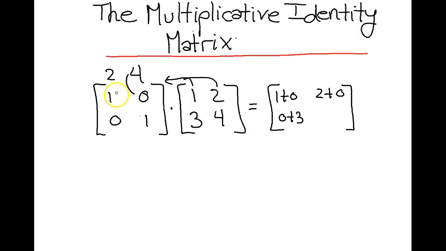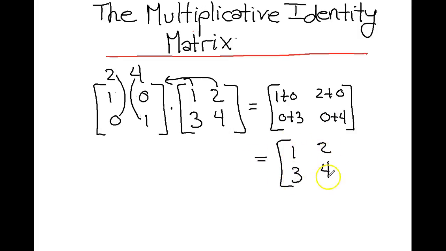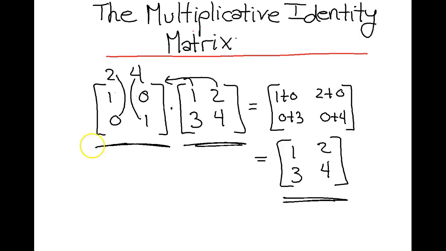When I multiply that second row, I'm working with row 2, column 2, so I get 0 plus 4. And now when we simplify this matrix, I get 1, 3, 2, and 4, and you can see no matter which side of the matrix I put my identity matrix, when I multiply by it, it does not change my original matrix.